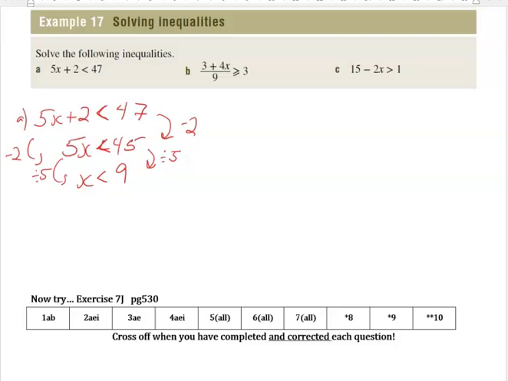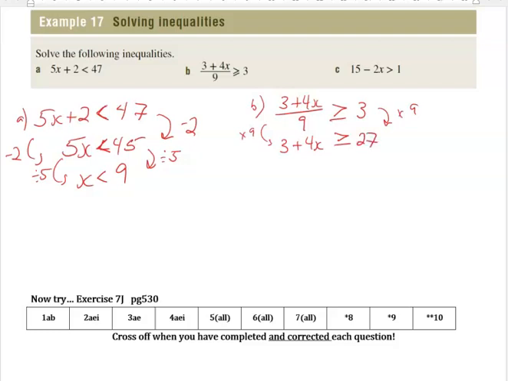I might have to spread these out a little bit. So here I've got 3 plus 4 x's, the whole thing is being divided by 9, and it will end up greater than or equal to 3. So thinking back to what we do with our algebra, if I've got the whole of the top divided by 9, I can multiply by 9 on both sides. That leaves me with 3 plus 4 x's, keeping the sign, greater than or equal to 27.